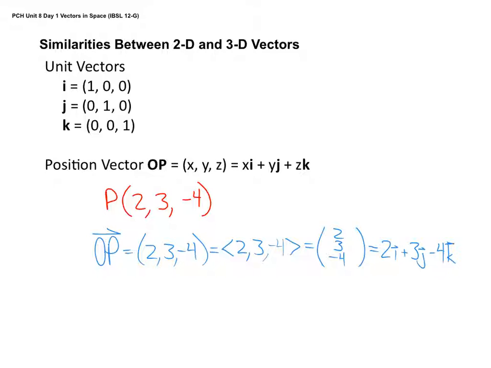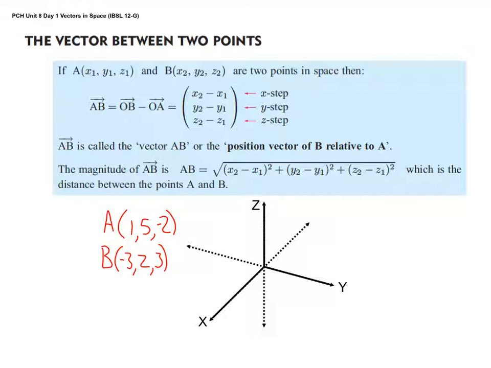Another thing that we did is if we have 2 points, we found the vector between those 2 points. Okay? This is where students who didn't really learn the concept struggled. If all you were thinking of was rise and run with the vectors in 2 dimensions, you may have a little bit of trouble here making the leap, okay? So pay attention here.